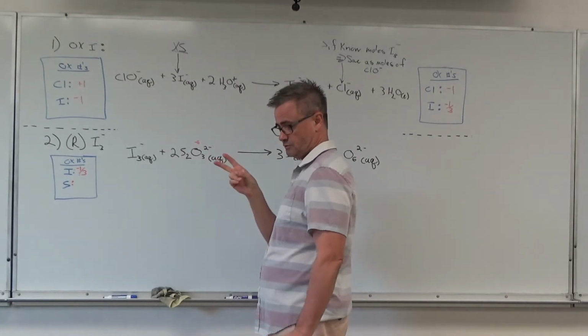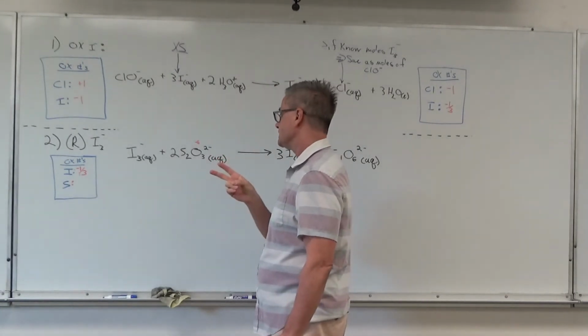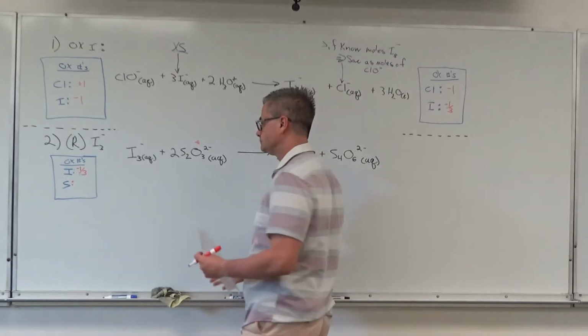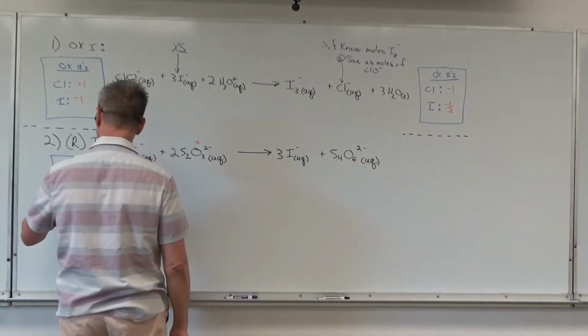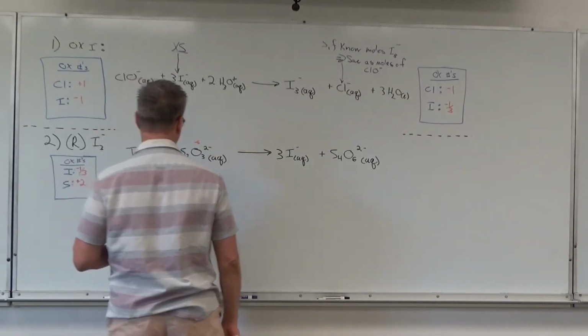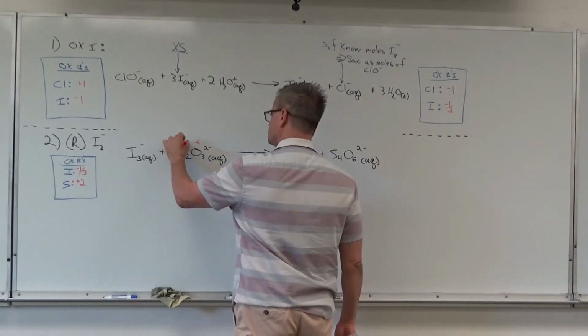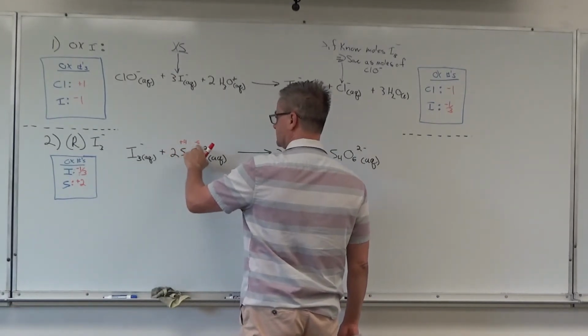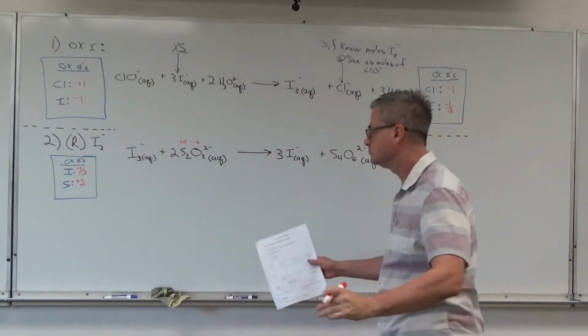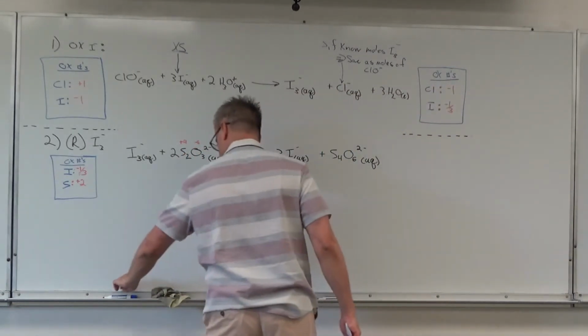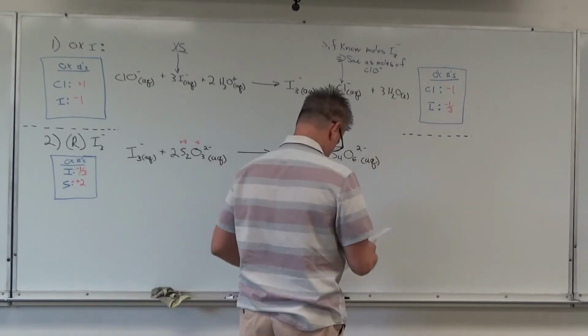With 2 sulfurs, each sulfur must be +2. If each of those is +2, that ends up being +4. Add that to the -6, you get your -2. So, confirmed.